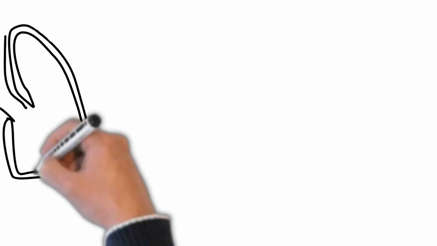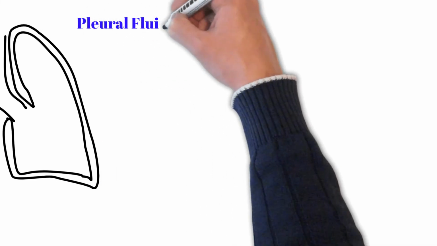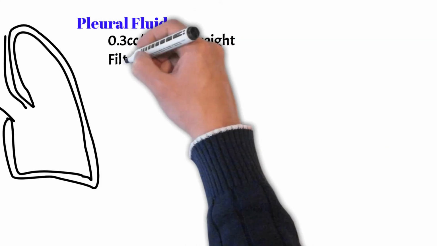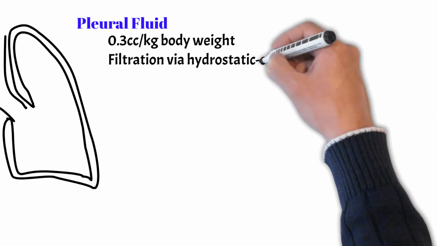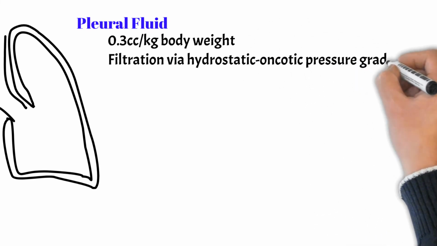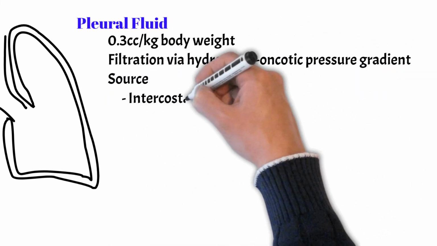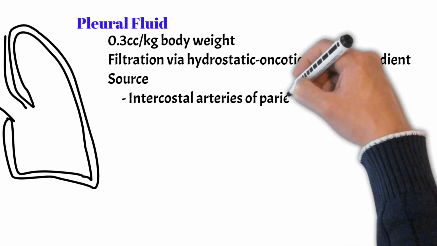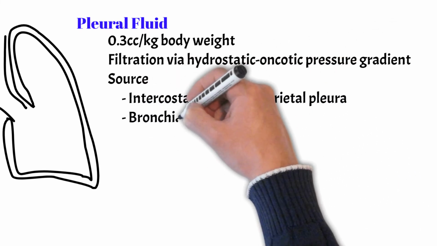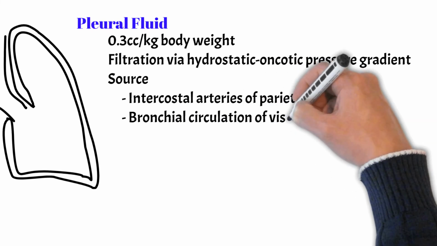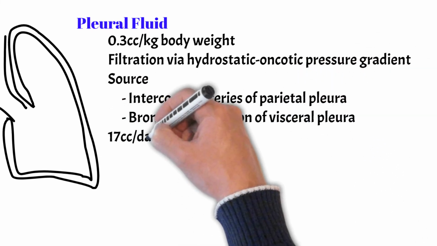There is a very tiny amount of fluid that's poured into the space on a daily basis. That fluid is around 0.3 cc's per kg body weight, and it's caused by filtration via hydrostatic oncotic pressure gradient. It comes mainly from the intercostal arteries of the parietal pleura, as well as the bronchial circulation.